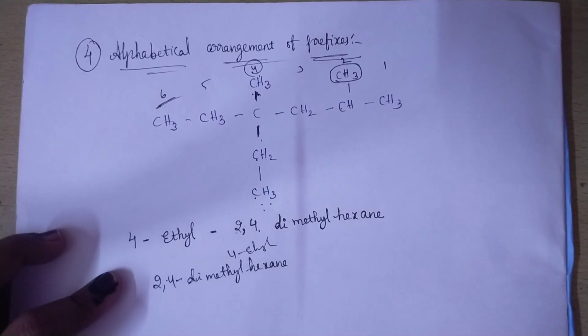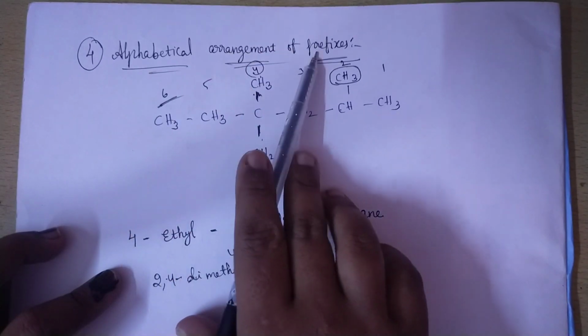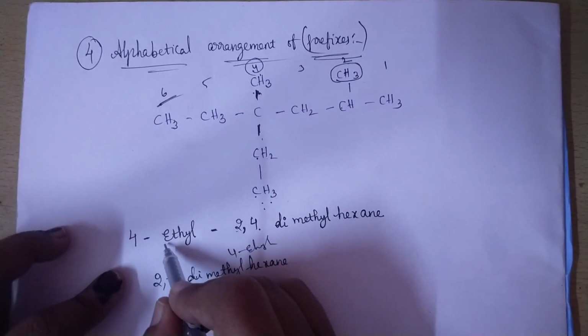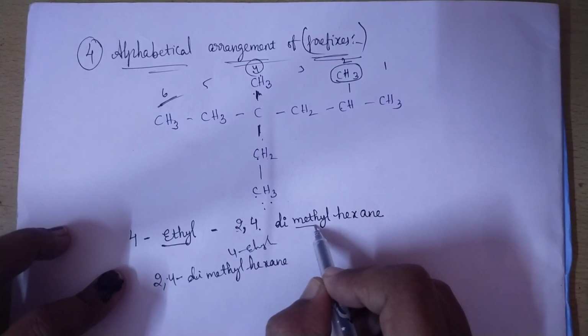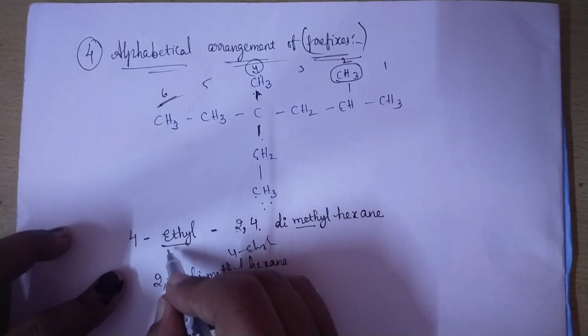But according to the rule, what is the rule? Alphabetical arrangement of prefixes. What are the prefixes here? Ethyl and methyl, right? So in alphabetical order, which comes first?